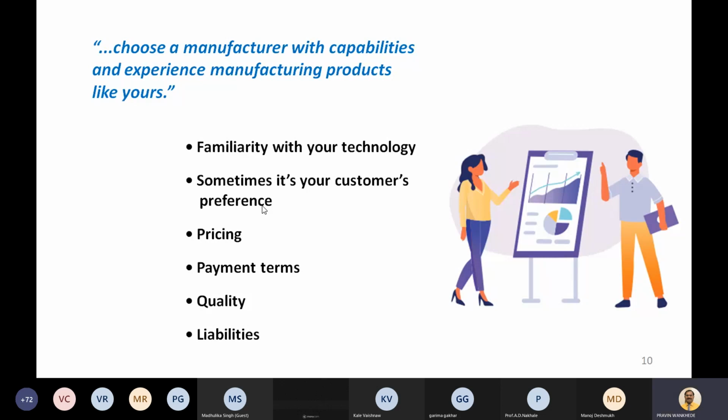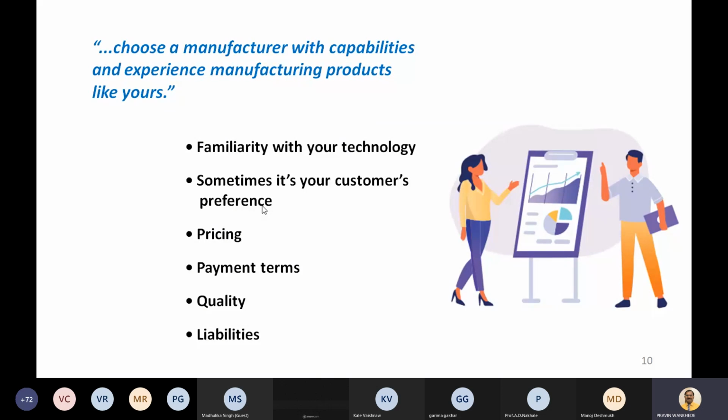Another criterion is pricing. As we know, transparent pricing is very important between the manufacturer and the product developer, because we must know how much we are paying for the material, for the labor cost, what the different overhead charges are, and what the profit of that manufacturer is.